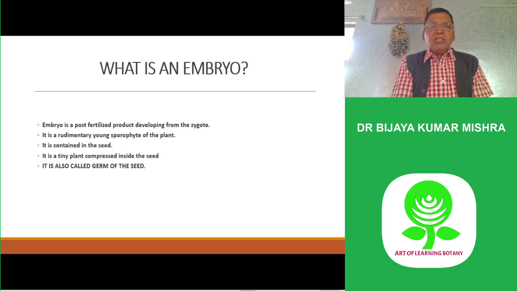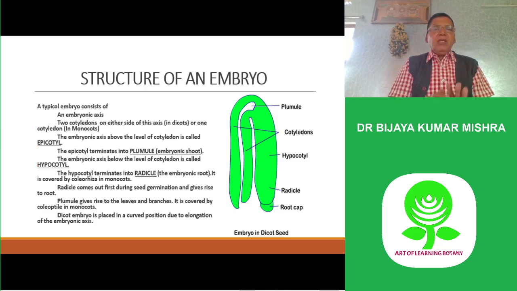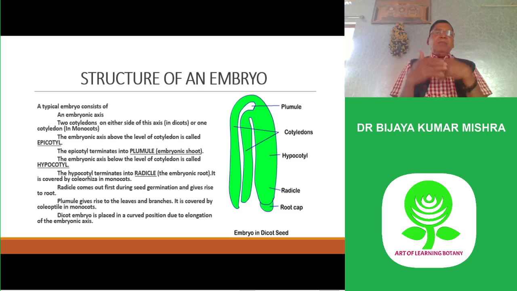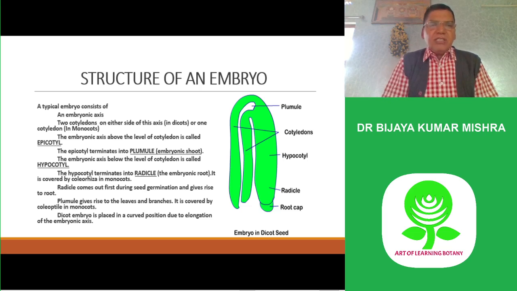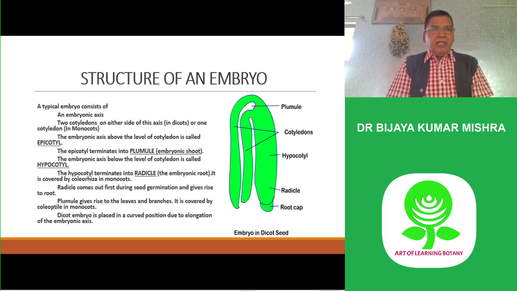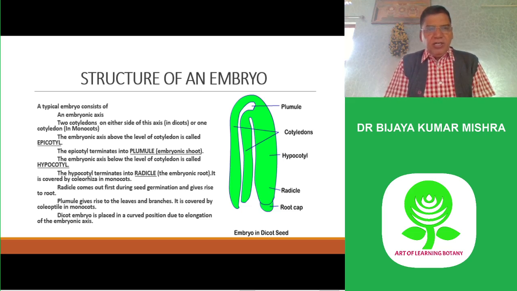So embryo structure is basically the same in all angiospermic plants. It is based on a common body plan. A typical embryo consists of an embryonic axis, then cotyledons. The number varies. It is 2 in dicotyledon and 1 in monocotyledon.